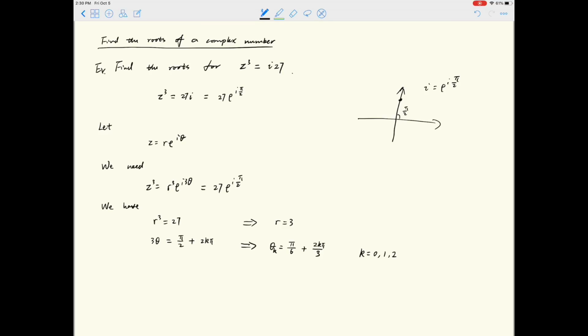When k equals 3, you start to have repeated phase angles on the complex plane. It will just repeat the previous phase angles. So the range for k should go from 0 to 2. Hence, there are 3 roots for this problem. You can see that the number of roots equals the degree of the polynomial. So there are 3 roots.